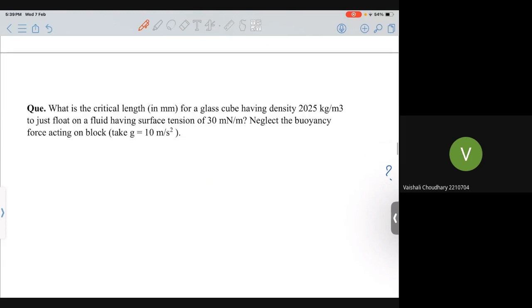So in this question, what is the critical length in mm for a glass cube having a density of 2025 kilograms per meter cube to just float on a fluid having a surface tension of 30 millinewton per meter? Neglect the buoyancy force acting on the block.